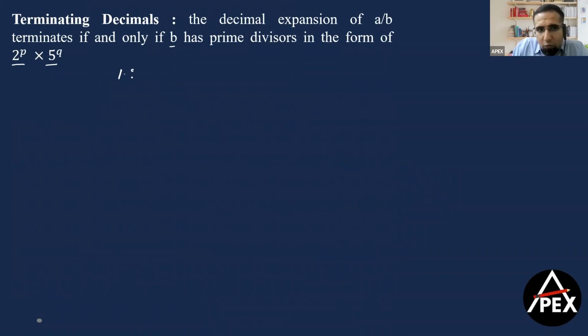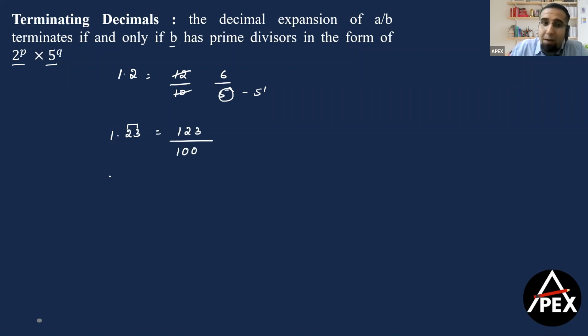If I give you 1.2, if I simplify 1.2, this becomes 12 divided by 10. If I simplify this, this becomes 6 divided by 5. So the denominator is in the form of 5 to the power 1. Clear? Similarly, let's say I talk about 1.23 and I stop here. So 1.23 can be written as 123 over 100, since two values are there after the decimal point, so the denominator will be followed by double zero.